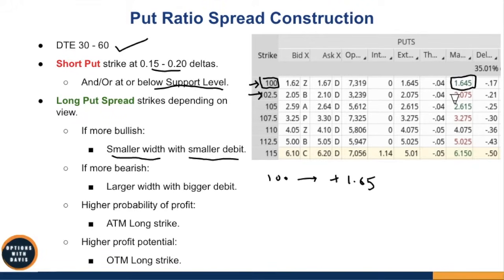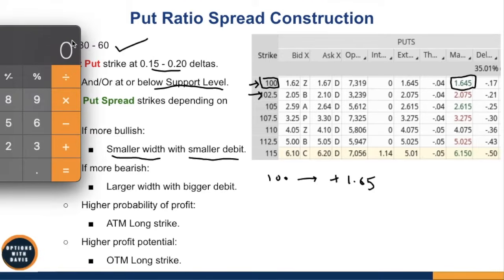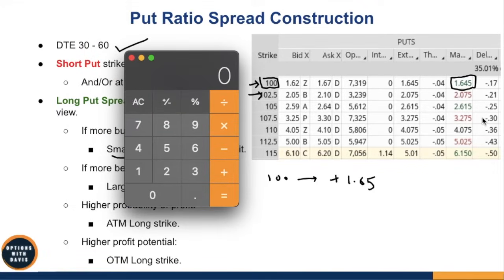So in this case, what is the debit for this spread? Let's do a quick calculation. Let's just bring out our trusty calculator. We are going to buy at $2.08, so it'll be minus 2.08. And then we are going to receive a credit of 1.65. This is a total debit of 0.43.